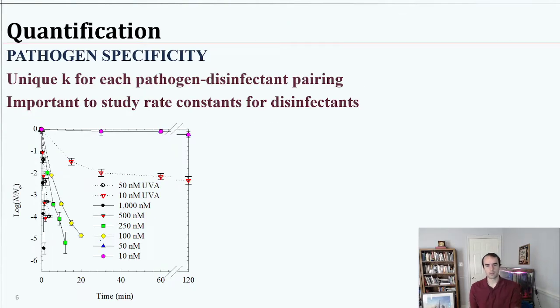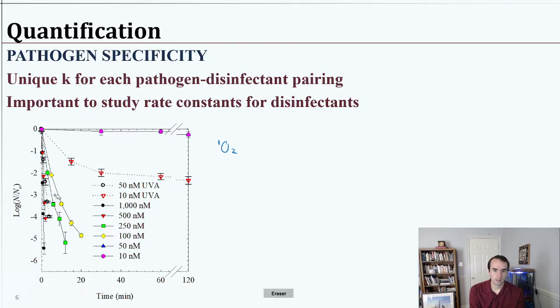Okay, so that's Chick-Watson kinetics, and you can see it applied in some of my past research here, just a graph showing that different amounts of, in this case we were producing singlet oxygen, which is just highly reactive. It's almost a radical. And the higher concentrations we achieved, the faster we were destroying viruses.